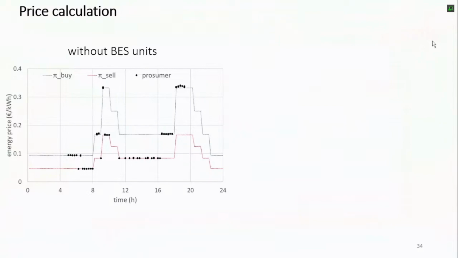When there is much production and no load, this community sells power to the network, and the retailer recognizes this at a P sell, so at the red value.